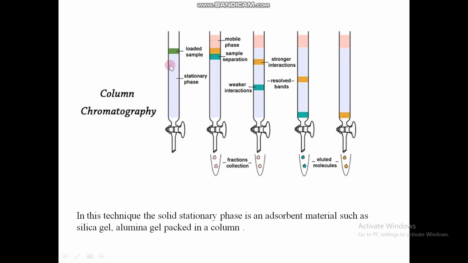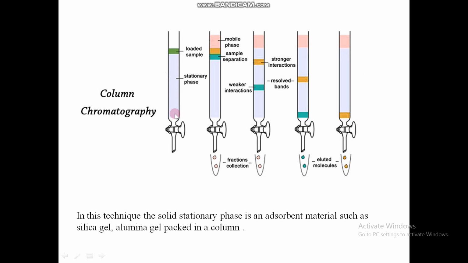The stationary phase, silica or alumina, tries to attract and adsorb the components on its surface, while the mobile phase tries to take the components along with it downwards.